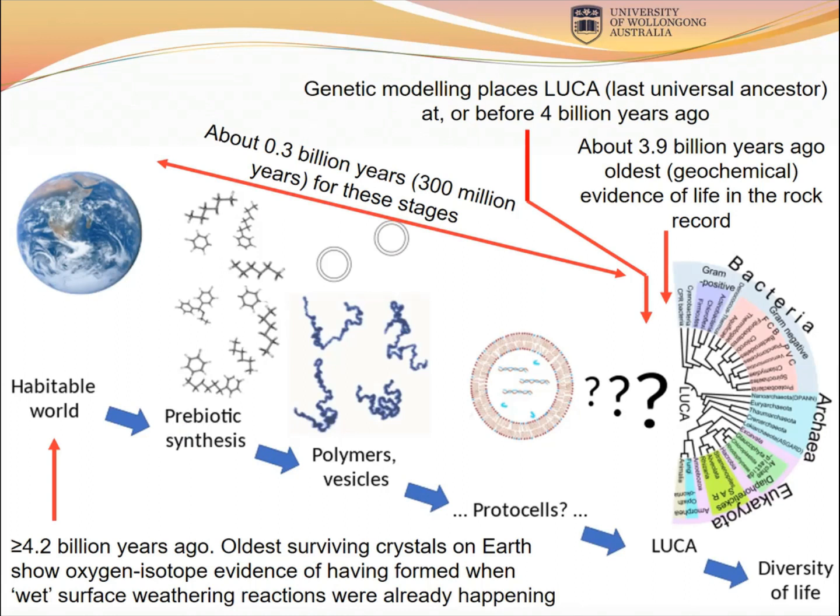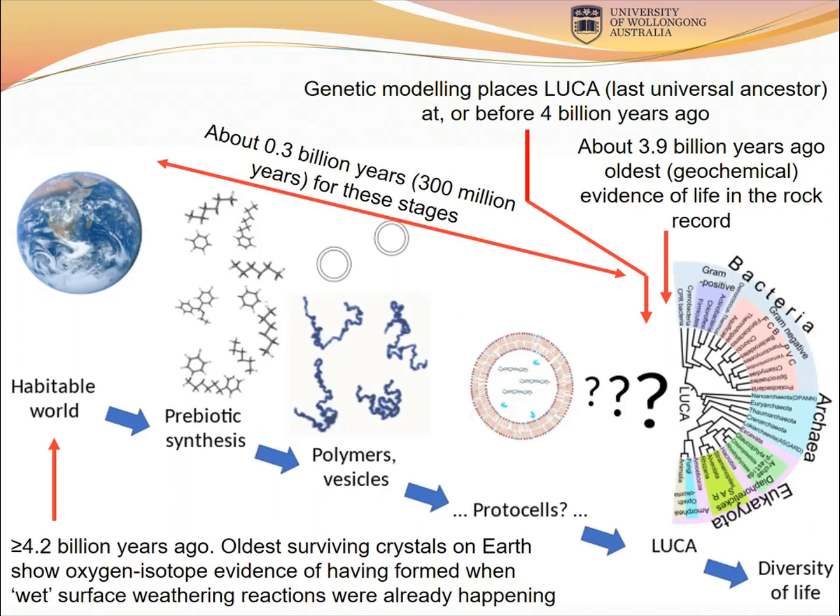So by about 4.2 billion years ago, there is oxygen isotope evidence from the older surviving crystals on Earth that there was already a wet surface and weathering reactions were already happening. So 4.2 billion years ago, the surface of the planet was wet, and therefore there was the possibility for the start of life.